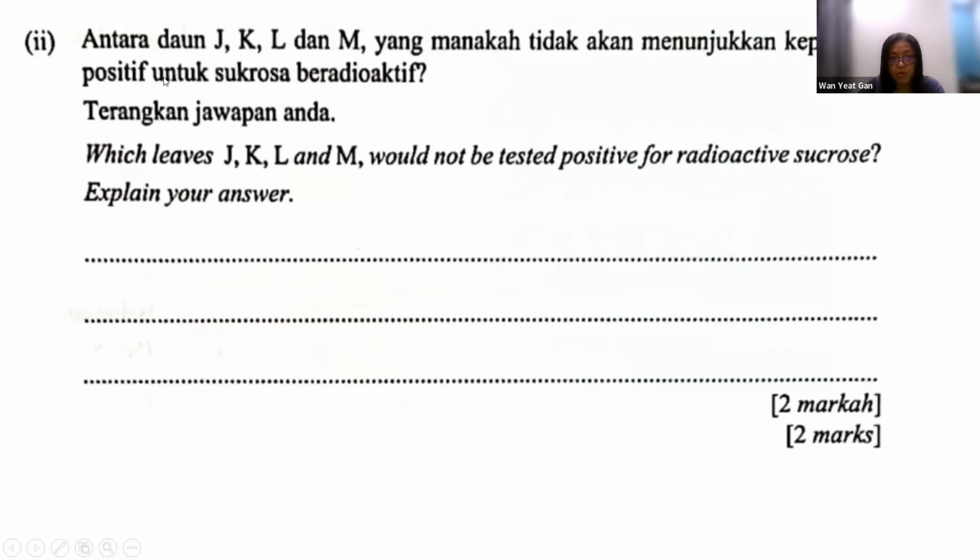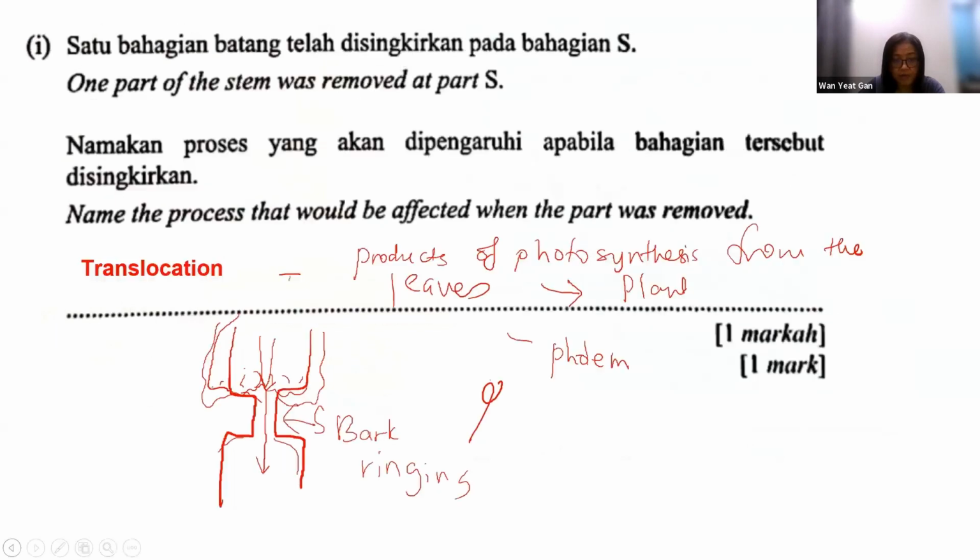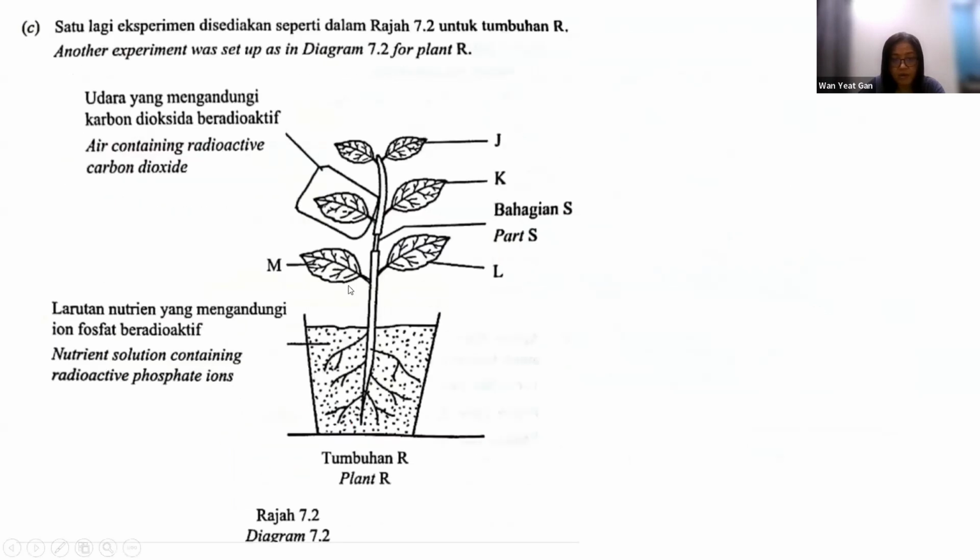Which leaf, J, K, L or M, would not be tested positive for radioactive sucrose? Now, explain your answer. If you look at the diagram just now, L and M are below the S part, while J and K are above.